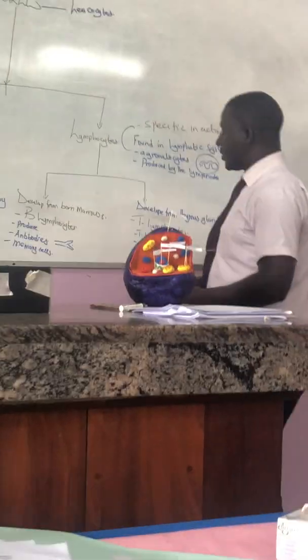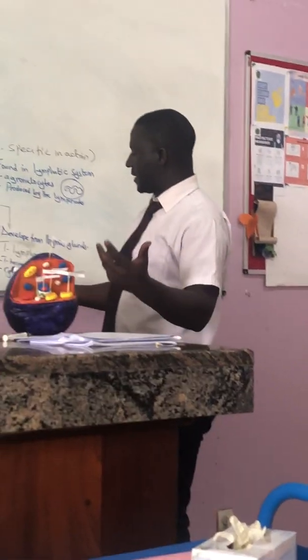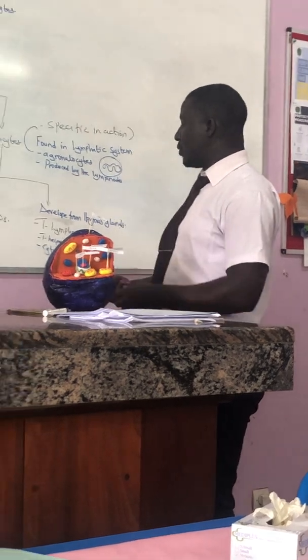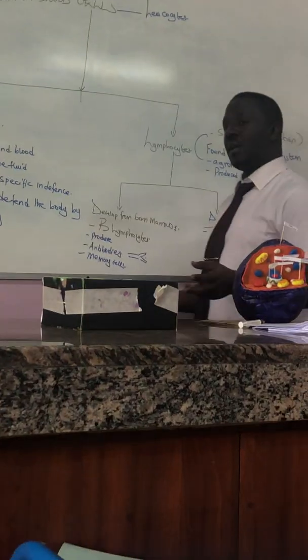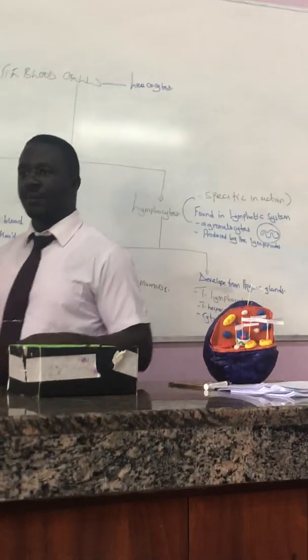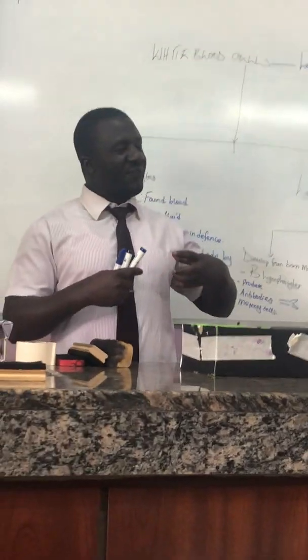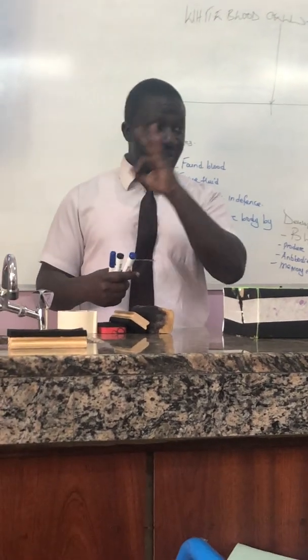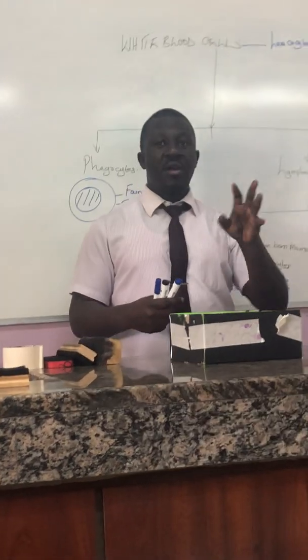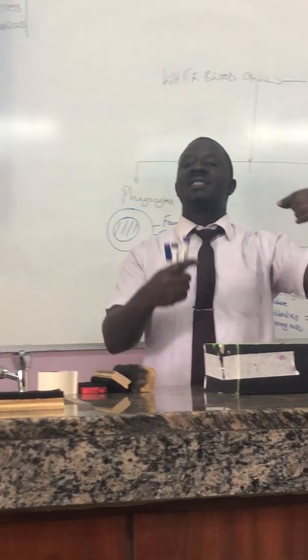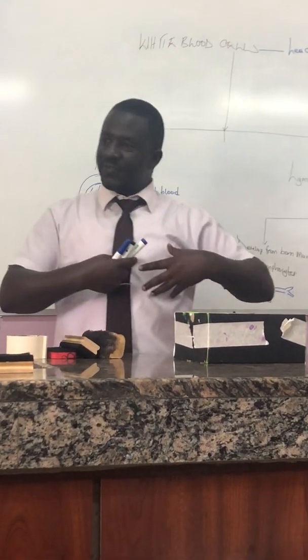When we come to the T lymphocytes, the thymus lymphocytes, they produce two or more types of cells. I'll talk basically about the T helper cells. T helper cells are the third line of defense, responsible for taking roll calls of the body cells and marking them as self cells.